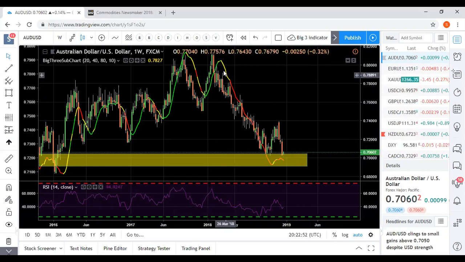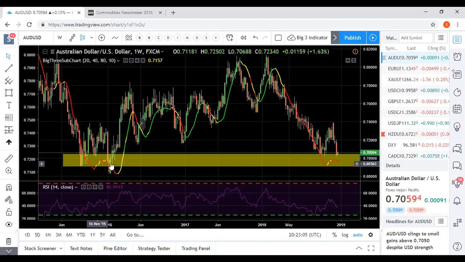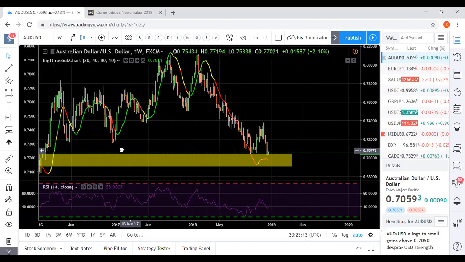What I'm expecting here is that it's trying to form a W here, which means the trend will potentially be this way. As you can see, there is some support at this region, where the current price is. The market has moved from the current price to the higher positions.